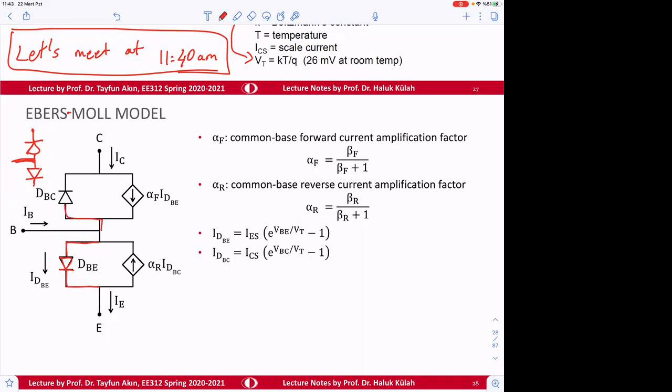So there is this diode, but there are other currents involved because of the minority charges and the way that we bias the devices. So these extra current points are going to be modeled with these extra elements like this, for example, and then this element.